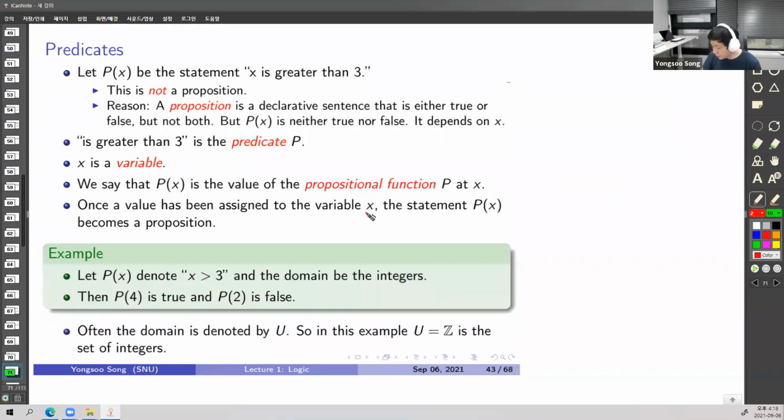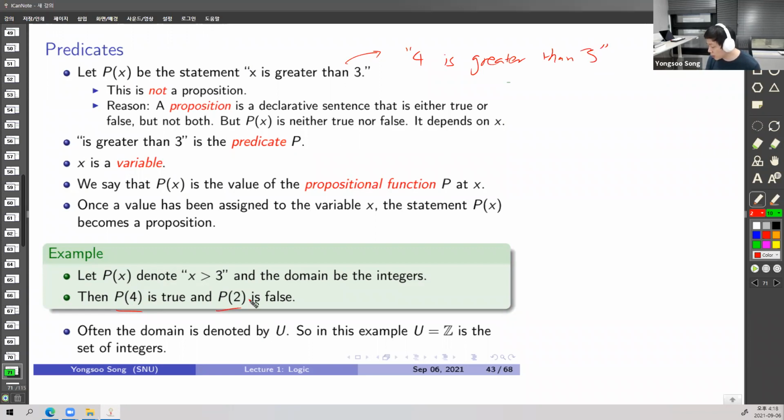For example, P(x) was not a proposition, but P(4) is a proposition. If you assign 4 here, then this becomes 4 is greater than 3. Now it's a proposition, right?